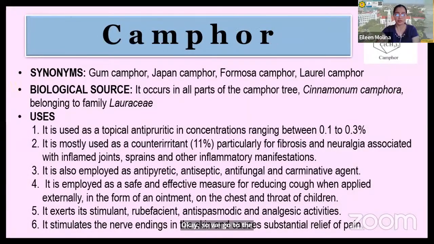Now, camphor is also known as gum camphor, Japan camphor, Formosa camphor, or laurel camphor. So you look into its chemical structure over there, the upper right portion of the slide. It occurs in all parts of the camphor tree, Cinnamomum camphora, belonging to the family Lauraceae.